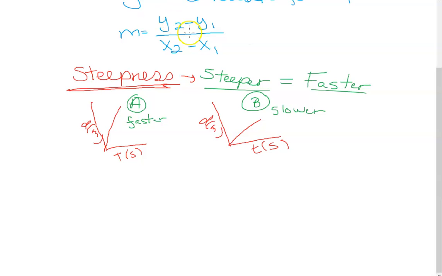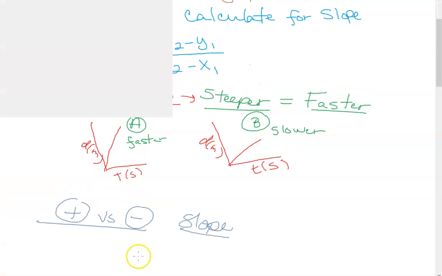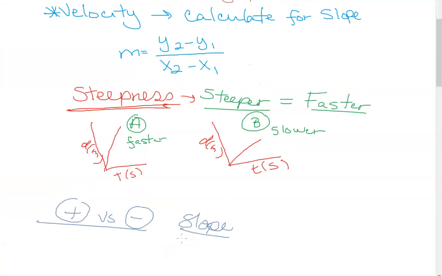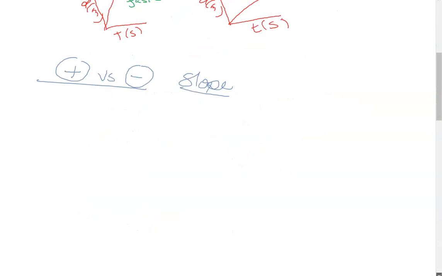The other thing that we need to talk about when it comes to PT graphs is positive or negative slope. So positive versus negative slope. Let me scroll up a little bit here for you. What does it mean for it to have a positive versus a negative slope? Let's talk about those two things now.